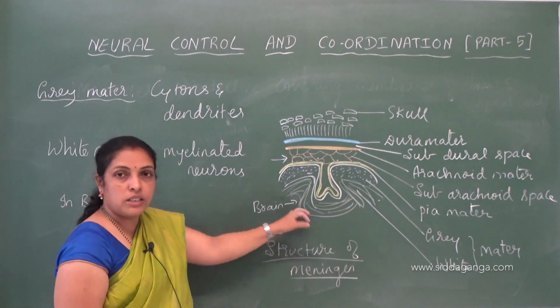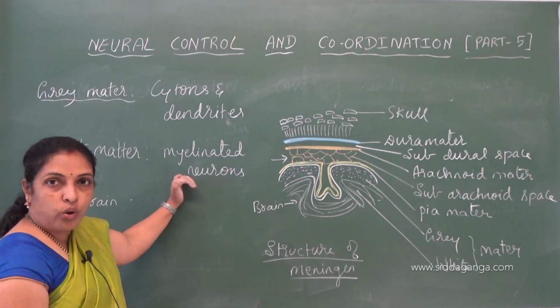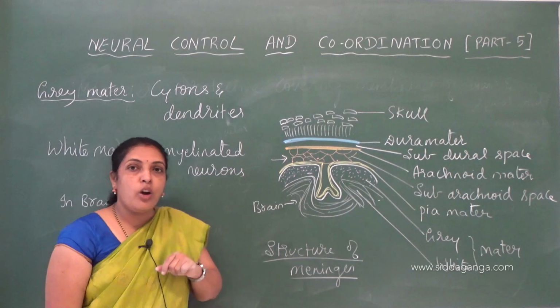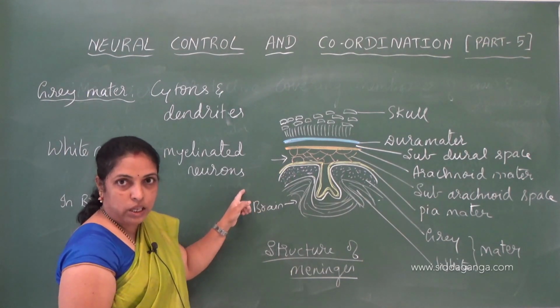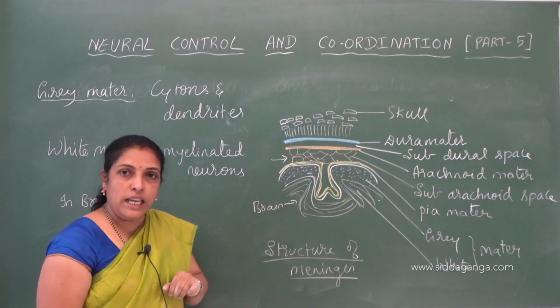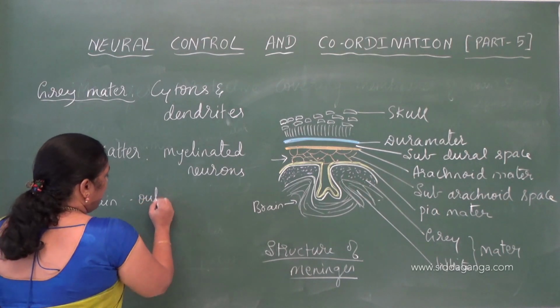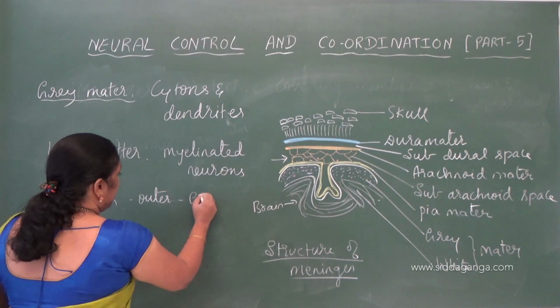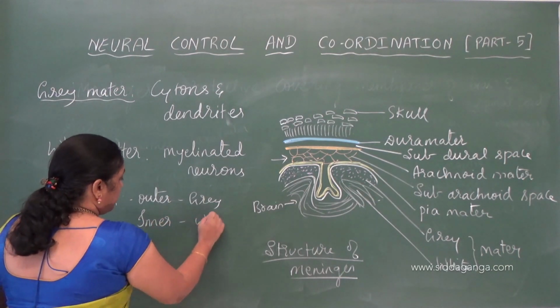White matter contains myelinated neurons. In the spinal cord it is the opposite: outer is white matter, inner is grey matter. Understood? So in brain outer is grey matter whereas inner is white.